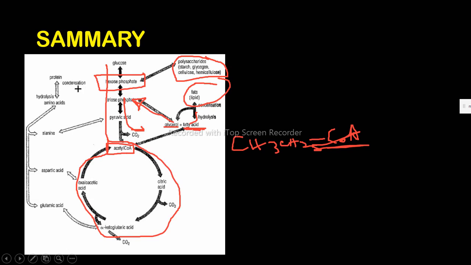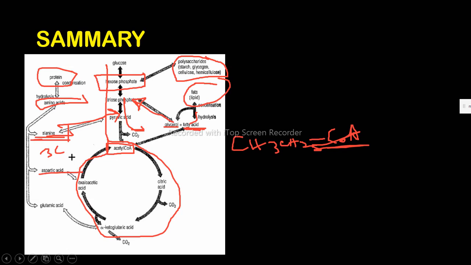But if it's a protein, then the protein will be hydrolyzed, as you can see, to form amino acids. Depending on the amino acid, it will determine which stage it is going to be integrated from. If it is alanine, which is a 3-carbon compound, then it will be converted to pyruvic acid.